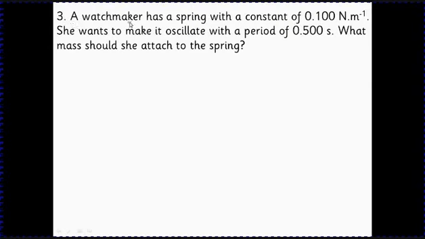Again, going slightly harder: a watchmaker's got a spring with this spring constant. They want to make it oscillate with a period of 0.5 seconds. What mass should you use? Again, still using the same equation, but this time we're trying to find the mass. I suggest the best way to do this is do the algebra first. Square both sides, so T becomes T squared, 2 pi all squared becomes 4 pi squared, m over k.